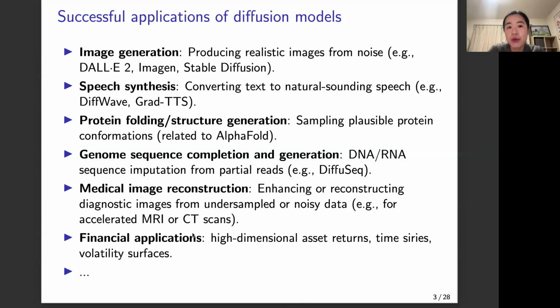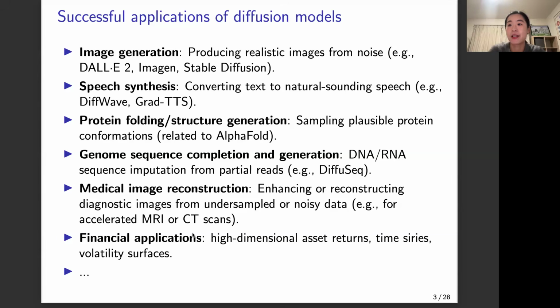For diffusion models, we've seen successful applications in image generation, speech synthesis, and also in science, such as protein folding and structure generation. There's a lot of promise in using diffusion models to sample protein conformations, as well as DNA and RNA sequences. And there are also applications in using diffusion models for medical image reconstruction.